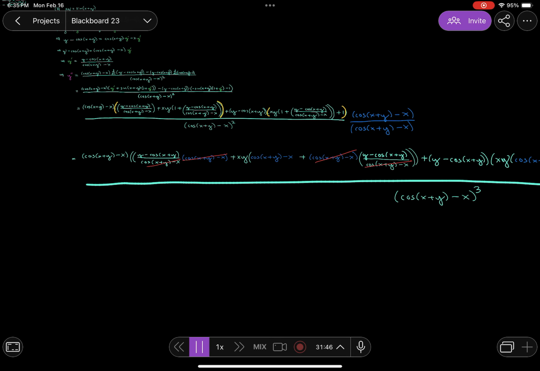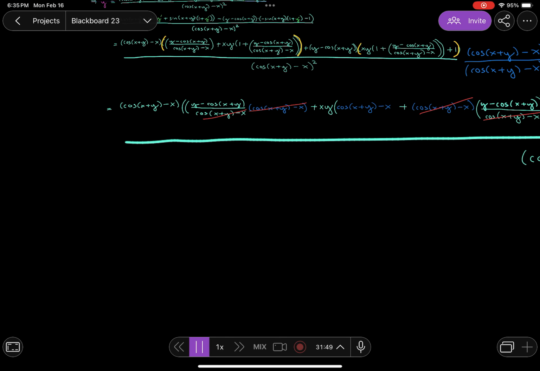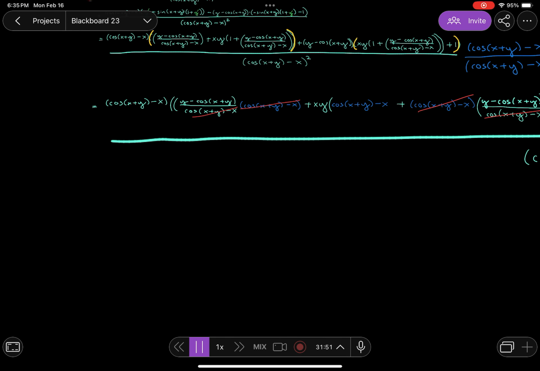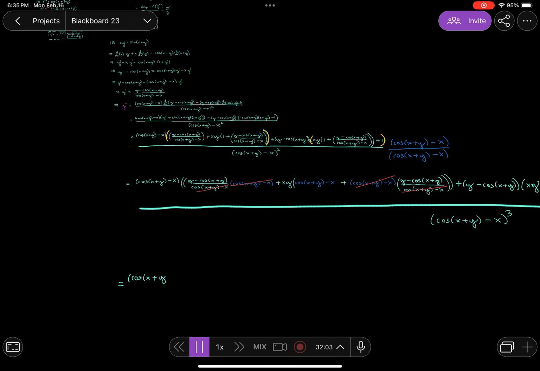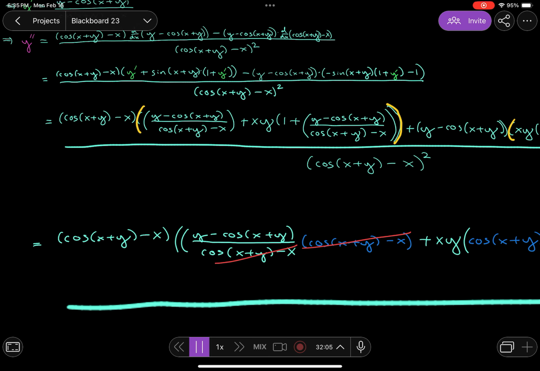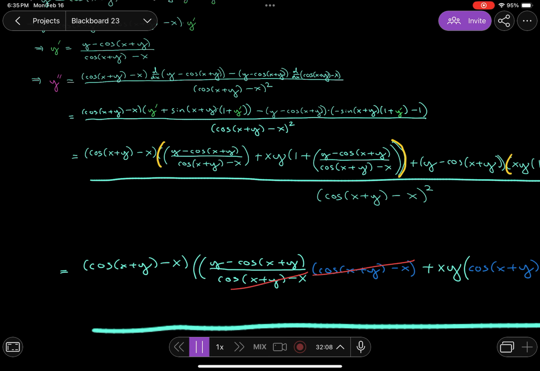All right. Rewriting. This is the same thing. It's the cosine of x plus y. Wait a second. Is that actually... Oh, you guys. I don't know why that is actually frustrating.